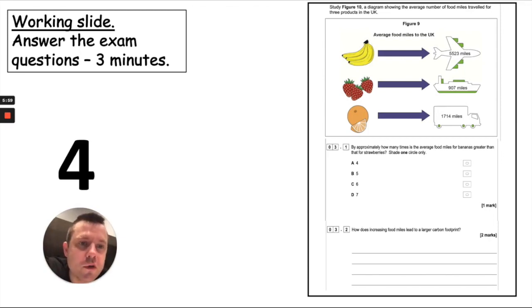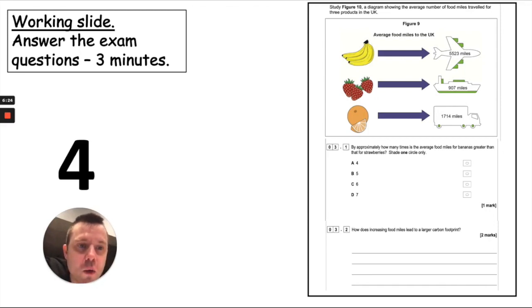Strawberries travel 907 miles, and oranges 1,714 miles. Now it's a basic image interpretation question, and a bit of maths.